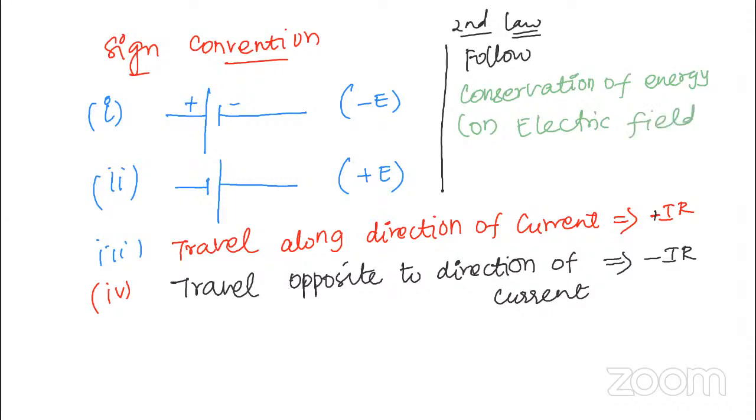So the law should represent either the conservation of energy or the conservation of electric field. Okay, so these are all very important points of Kirchhoff's law. Based on this we can go for an example.